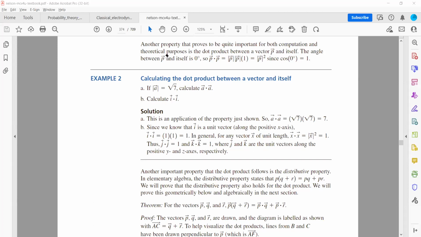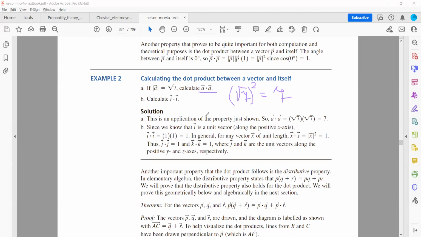Let's apply what we just discovered about the dot product of a vector by itself. So the dot product for vector A in this case would be the square root of 7 squared, which is equal to 7 itself. So question A is solved, not so hard.